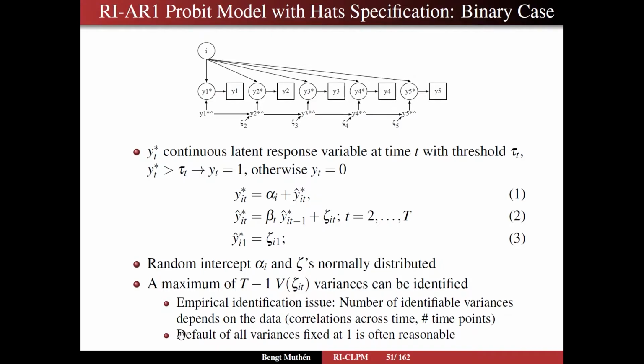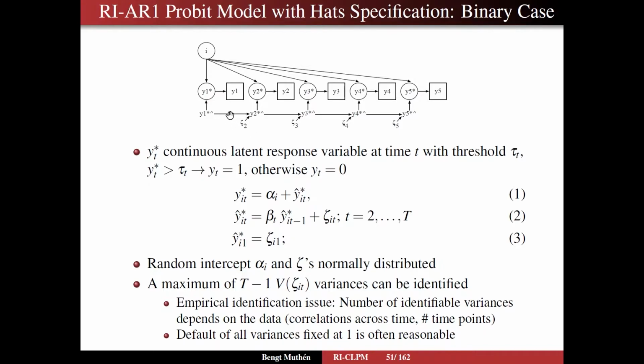We're going to use the default of all residual variances fixed at 1, which I feel is often reasonable. So we're saying that this variance z2 is 1 across time, and it's also the same as the residual at the first time point. So there is an issue that is a little bit different than this residual, because this is a whole variable like y star, like y2 hat, whereas z2 is the residual.